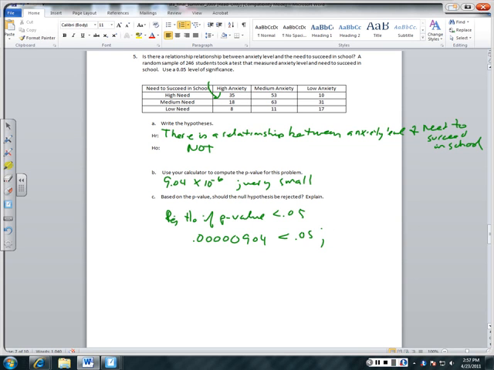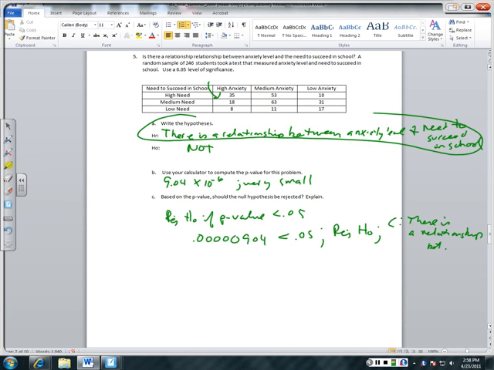So we reject H0. Conclude there is a relationship between anxiety level and the need to succeed. We've rejected H0, so there is a relationship.